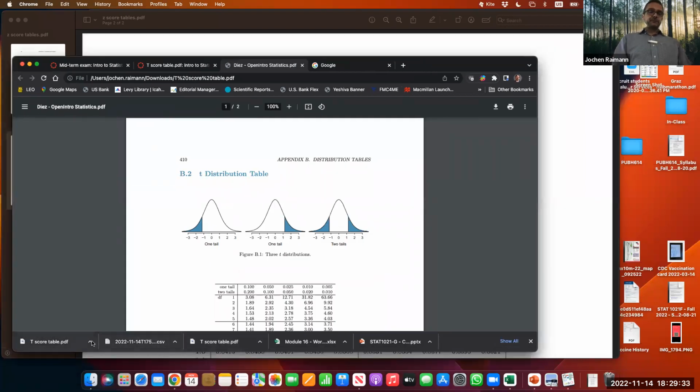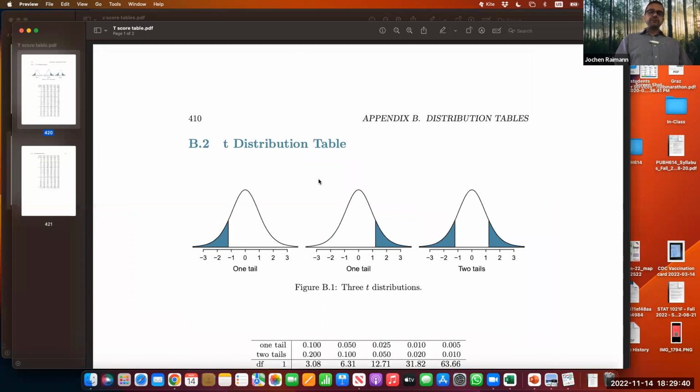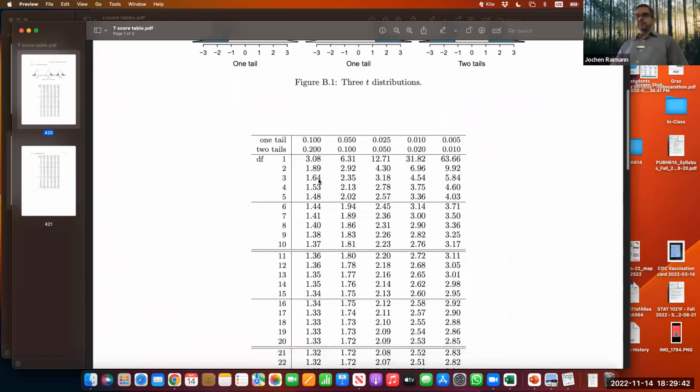So when you look at this T-score table, you have now in the rows a different parameter. This time in the rows, you don't have the z-score, but you actually have it inverted in a way.